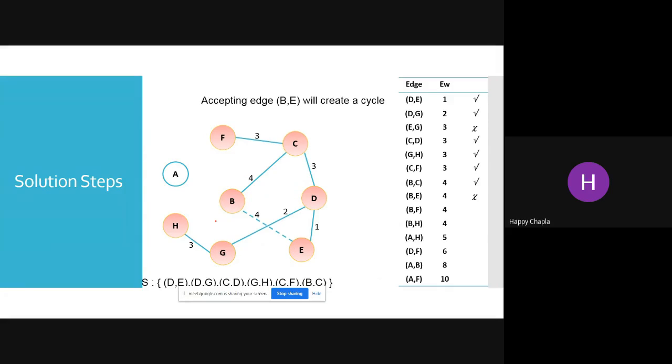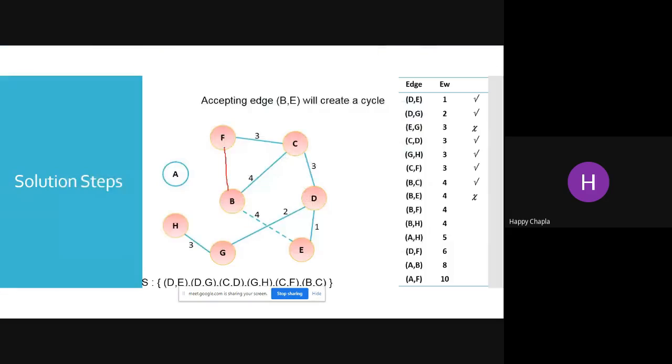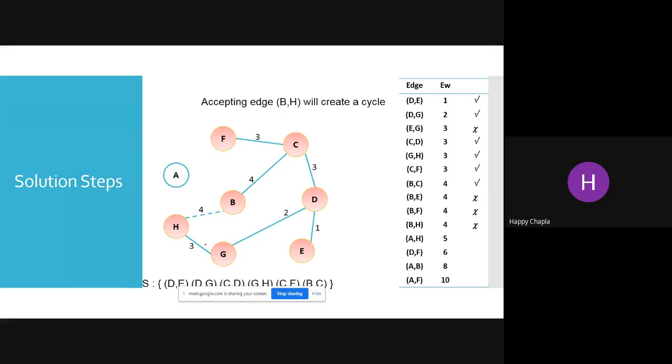Okay, now next B to F, this one. Can I take this B to F? No, we cannot. Why? Because it will also create the cycle. So we can simply avoid that. Now B to H. Can I take this B to H? No. Otherwise it will make the cycle. Okay, so we can simply avoid it.